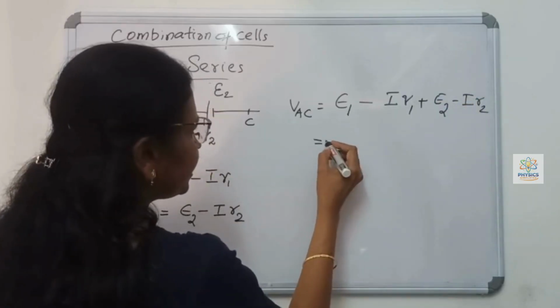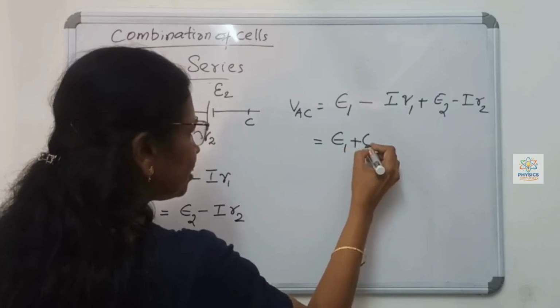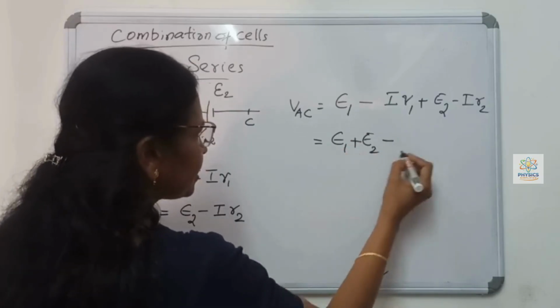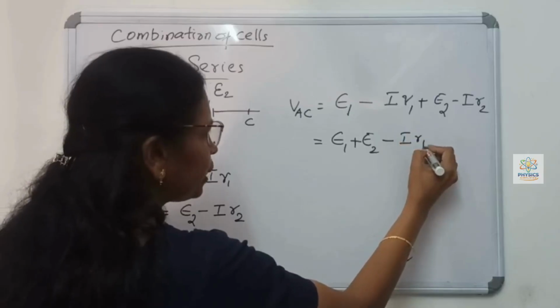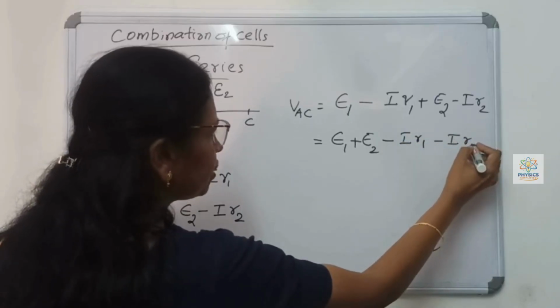You can write E1 plus E2 minus I into R1 minus I into R2.